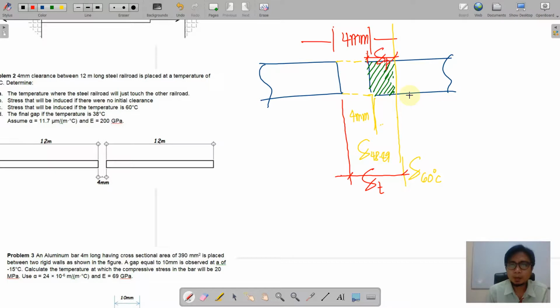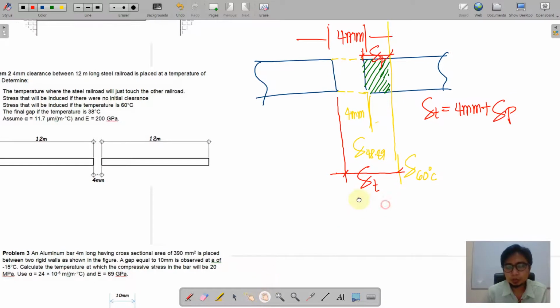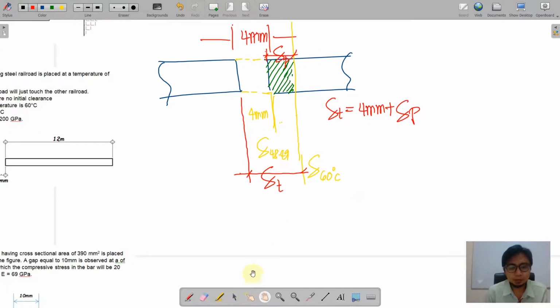So ngayon, kitang-kita naman that the delta temperature is the sum of this 4 millimeters, okay, plus delta due to push. So we'll just have to substitute the given here.